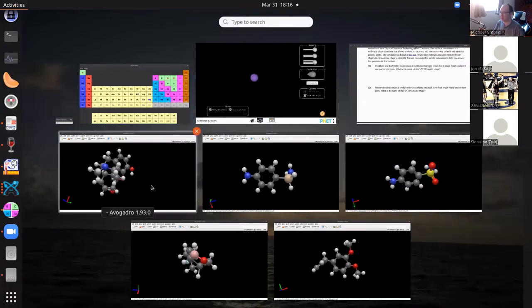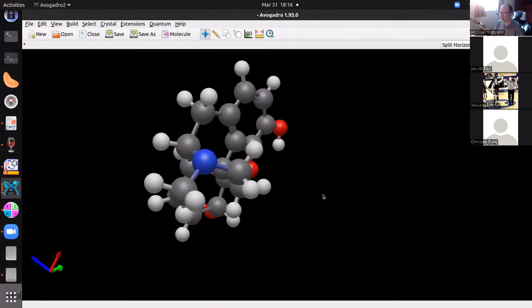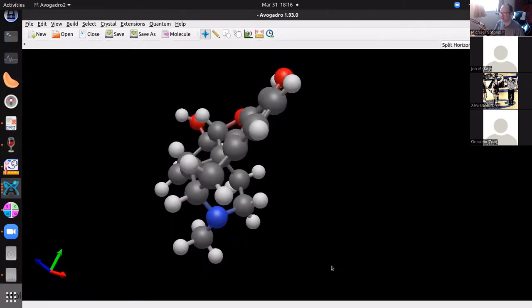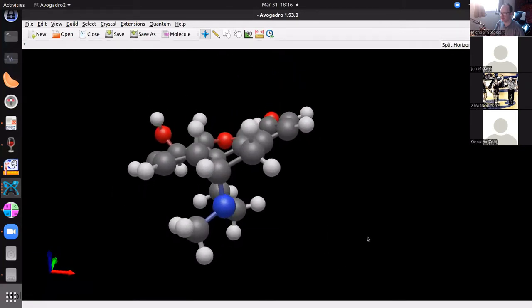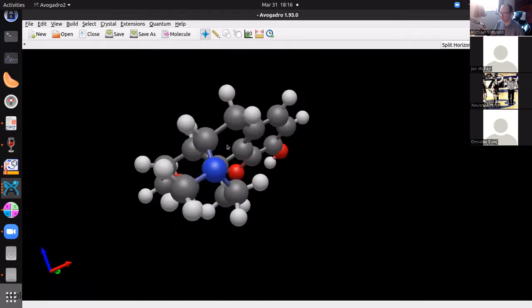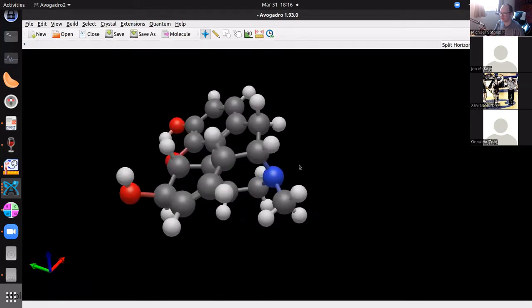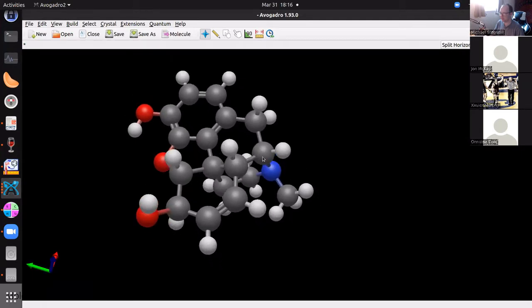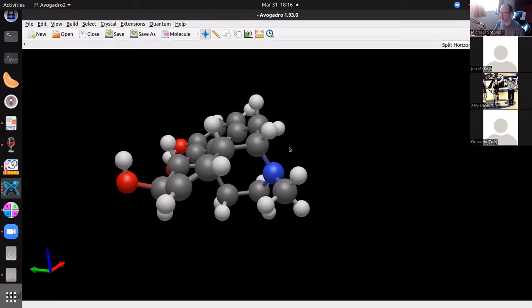So if we take a look at our molecular dynamics model, we see that this bridge is right here. And it does wind up being kind of a tetrahedron, but you can see how that works with the building blocks as you go through and they start to fit together.